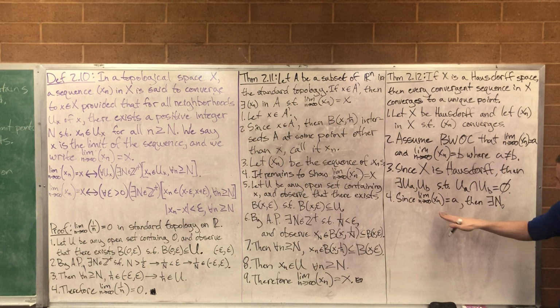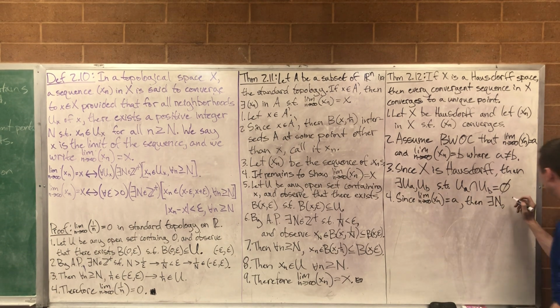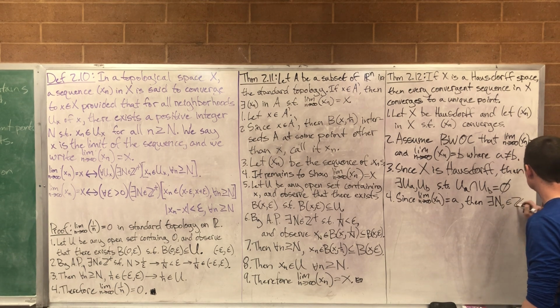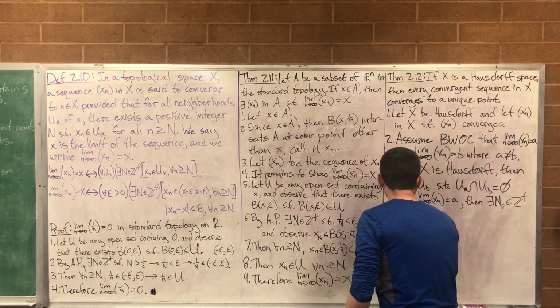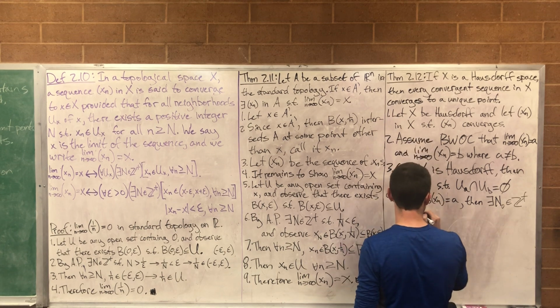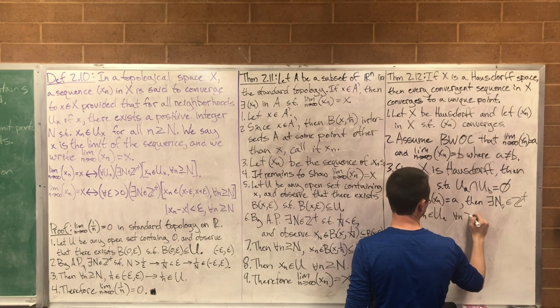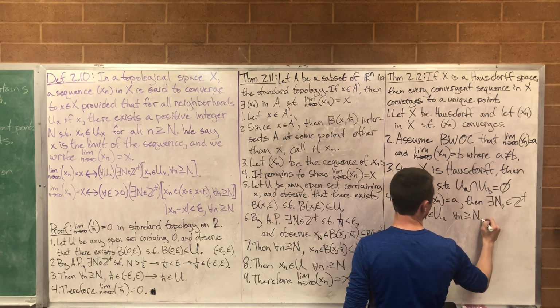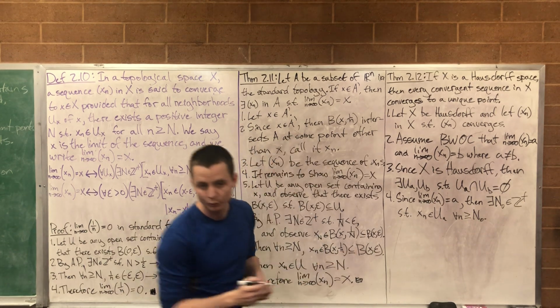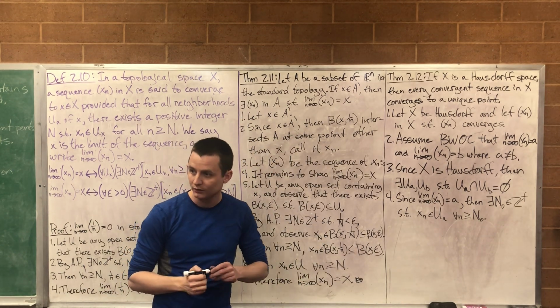Since the limit as n goes to infinity of x sub n is equal to A, then there must exist some positive integer such that x sub n is in U sub A for all n greater than or equal to n sub 0. Right? That's what it means for xn to converge to A.